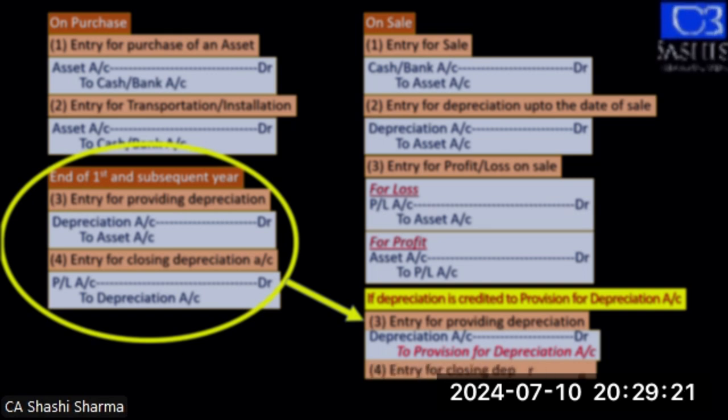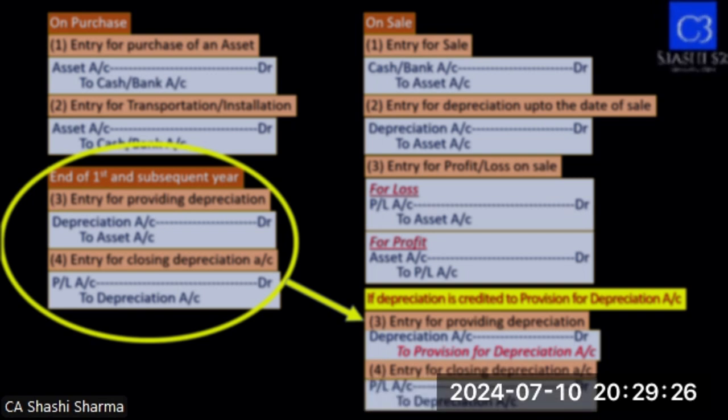Thereafter, this depreciation will be transferred to profit and loss account. There is no change in this entry. Only one entry gets changed if the method of accounting is different. Instead of crediting the asset account, provision for depreciation account is credited. I am repeating this fact the third time. Just remember it.